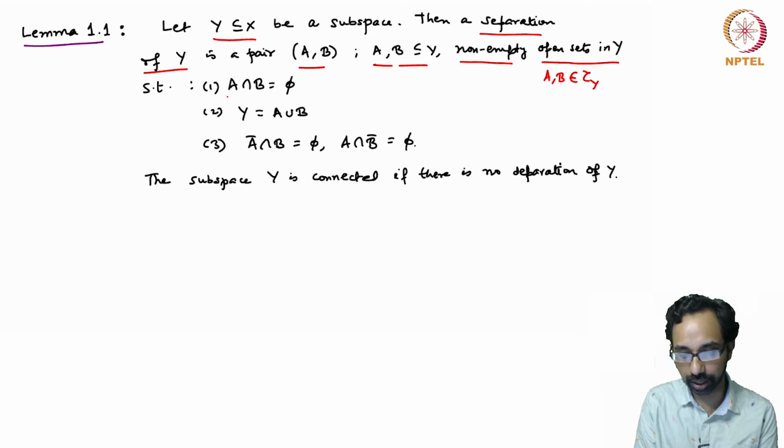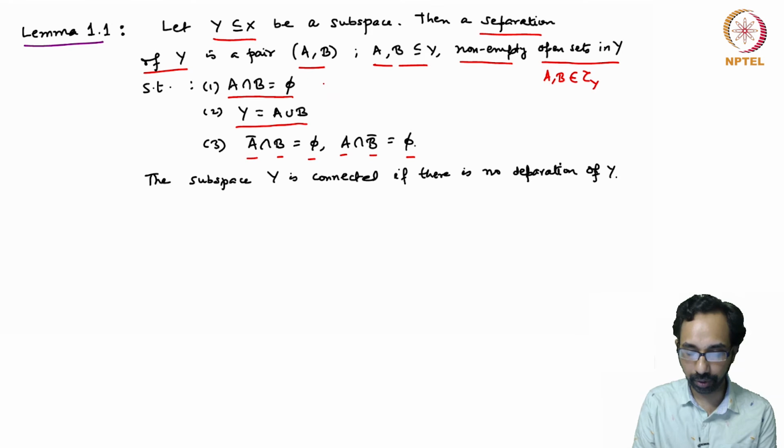The first one is that A intersection B is empty, they are disjoint. Their union is Y, and the third one is that the closure of A intersection B is empty, and the closure of A intersection B closure is also empty.